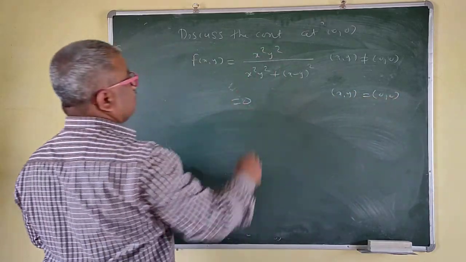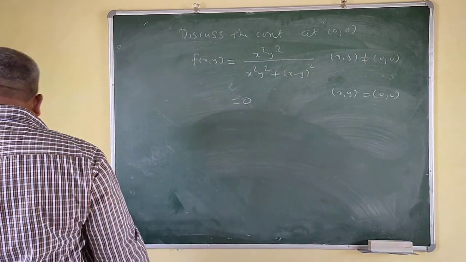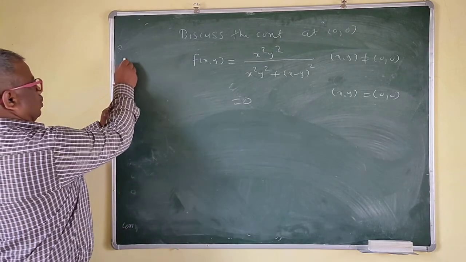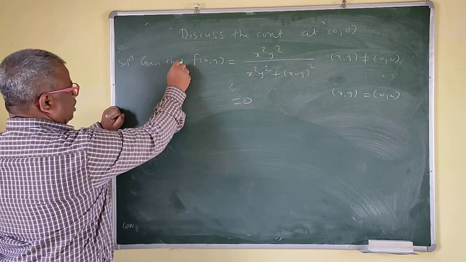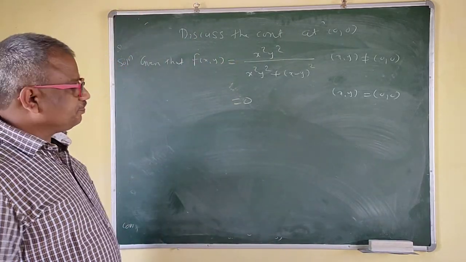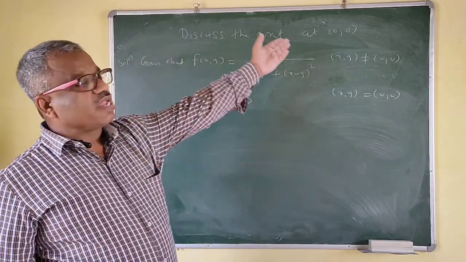So what is the problem? Discuss the continuity at 0, 0 of this function. Okay, solution. Given that, just write whatever the function is. Now what we have to do? Discuss the continuity at 0, 0.